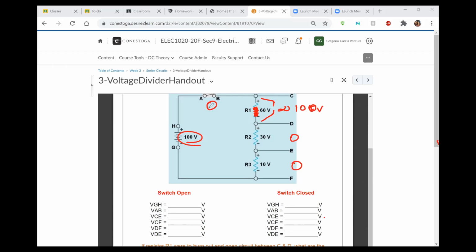And in that case, because that resistor is open, it doesn't really matter if I open or close my switch, I will still be reading 100 volts across the open component, the open device. And that's actually a troubleshooting technique.